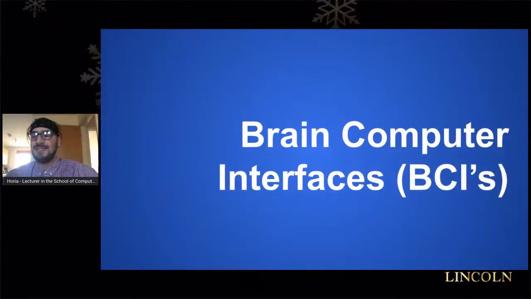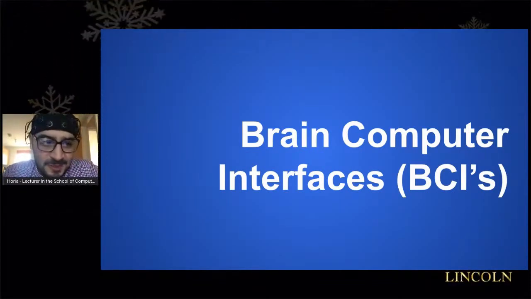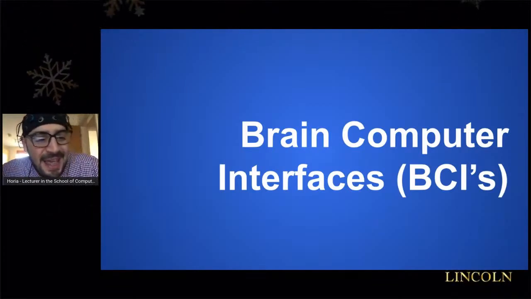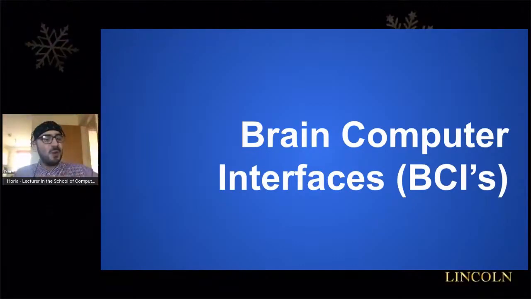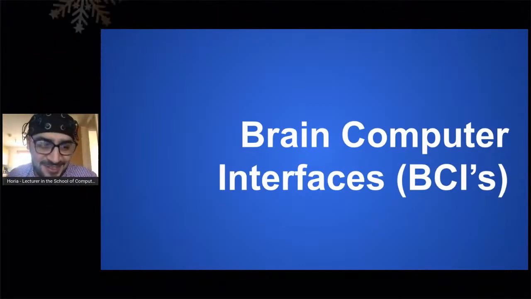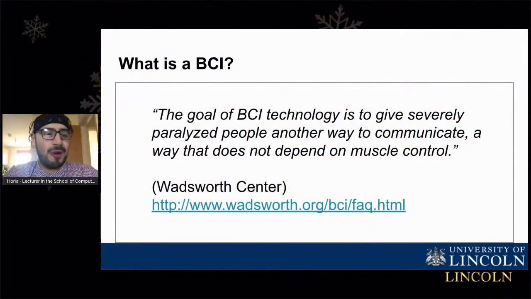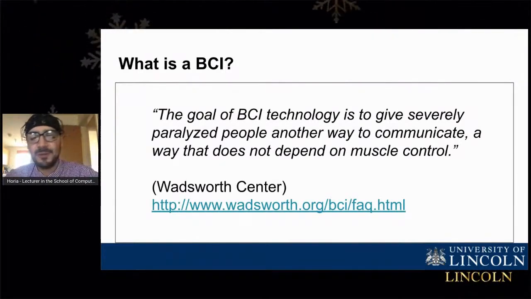Okay, which brings us to our subject of the day, which is brain-computer interfaces and physiological data, and how we use this in computer science, and how it all started, and what a brain-computer interface is. So there is a definition of brain-computer interfaces from 30 years ago, which evolved to this one.